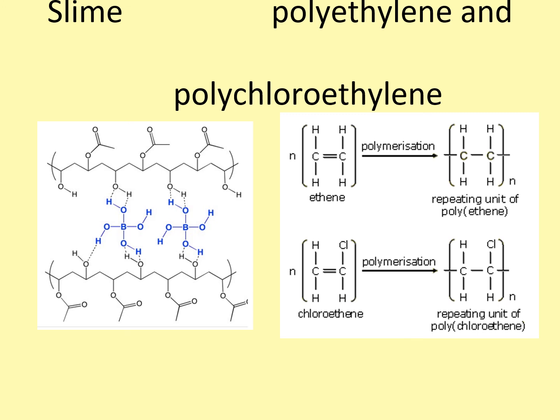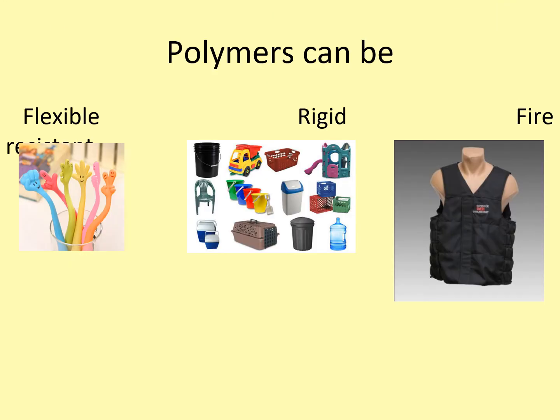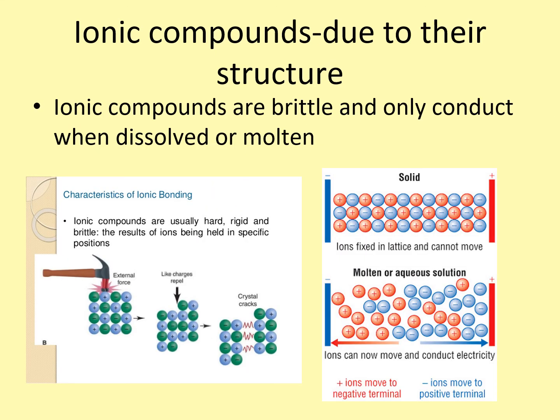Slime and other polymers have the ability to move because of their structure. Polymers can be flexible or rigid. They can protect you from fire, flexible, and fire resistant. So this resistant is for fire. And it's because of their structure and their bonding. And compounds, due to their structure, are brittle.